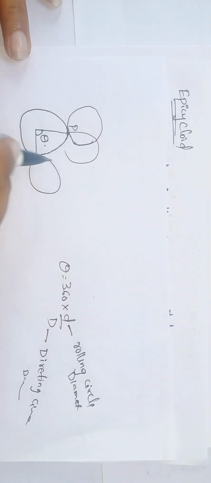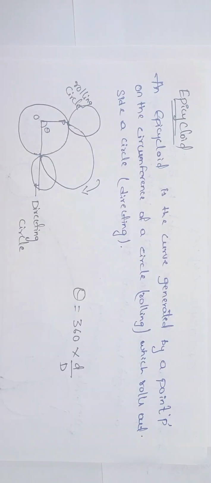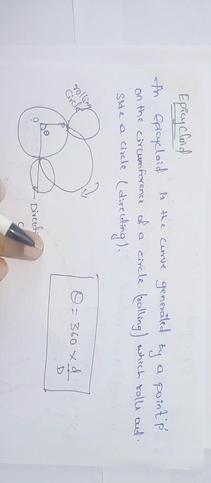The rolling circle rolls without slipping and travels one revolution. Then you get the theta value: small d by capital D, where small d is the rolling circle and capital D is the directing circle.